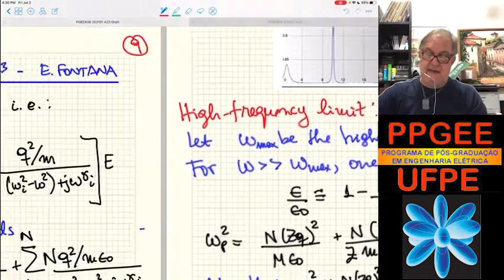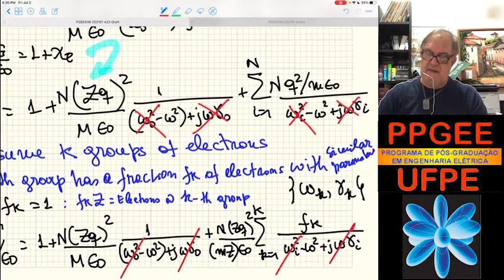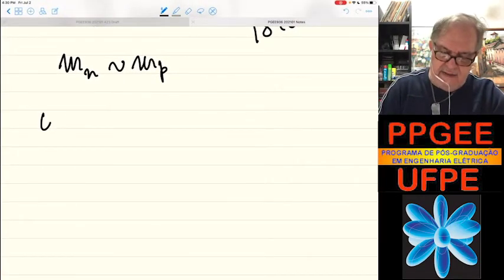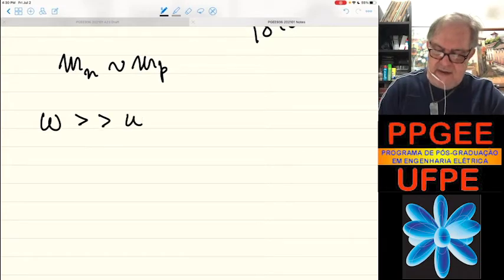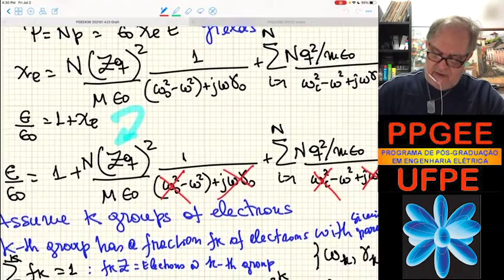You're going to have a factor divided by omega squared minus, and this we call the resonance frequency. So let's look into that: omega much larger than omega p.